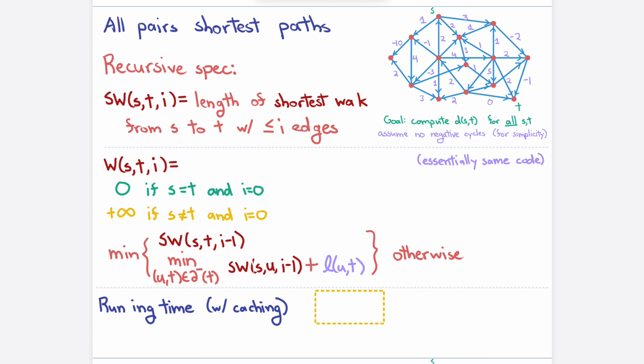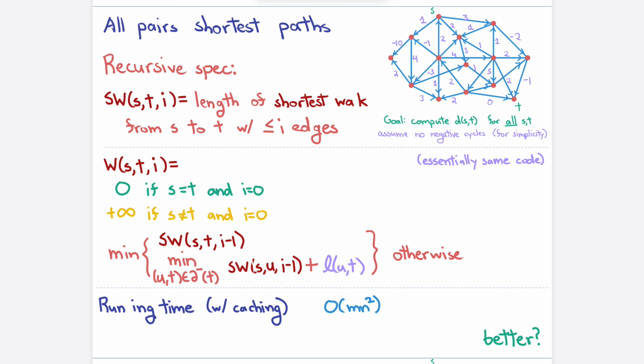So this should come out to mn squared, where the m comes from summing up the in-degrees over the vertices on the T side. Otherwise, you have n choices of S, n choices of I. Which, to the point suggested before, is the same running time we would have gotten from just running Bellman-Ford from everyone. And it's not really so different of an algorithm either. It's arguably the same thing as running Bellman-Ford from everyone. So we haven't made massive progress yet.